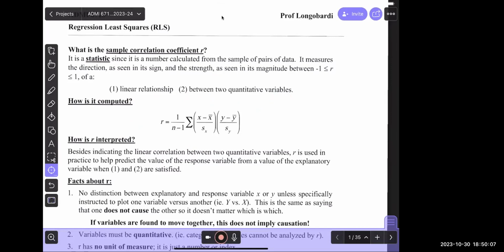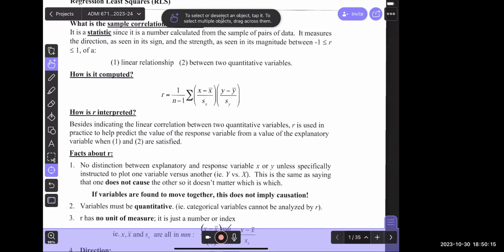So if you have more variables, you need something equivalent to that. So let's just first talk about R for two variables. Note that in this formula, in this calculation, there's no difference between how X and Y are treated.